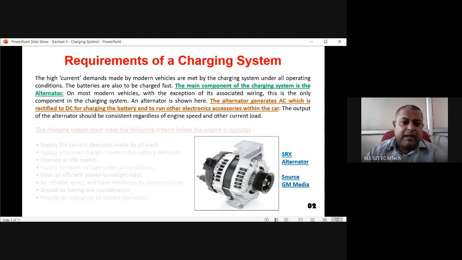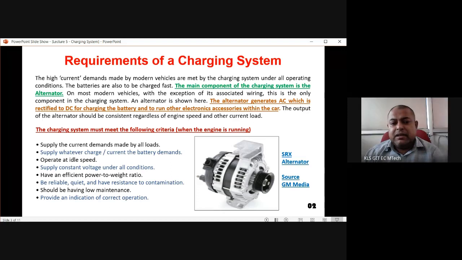Okay. And what are the criteria? The charging system must meet the following criteria when the engine is running. When the engine is running, the alternator is running and producing electricity. When the engine is not running, we have seen that the battery is the whole and soul, the main source.